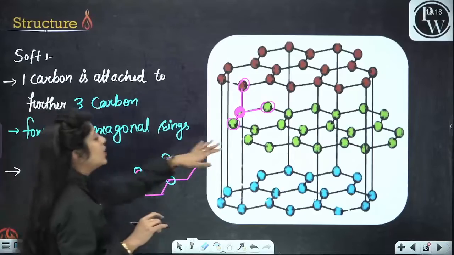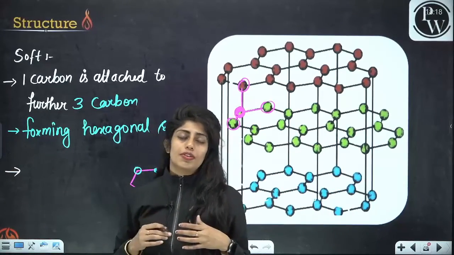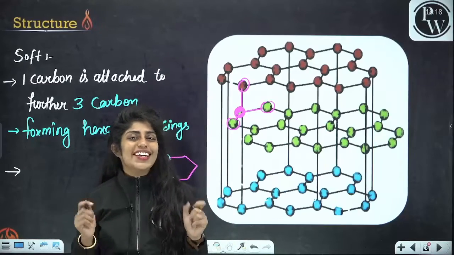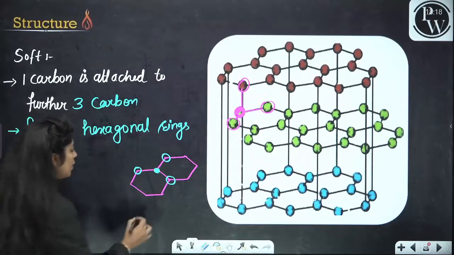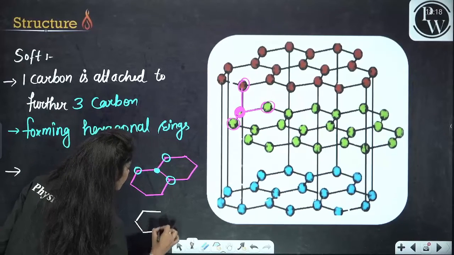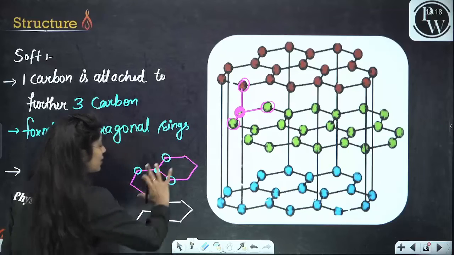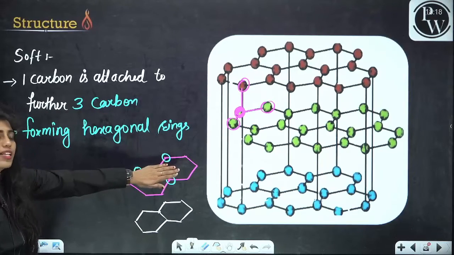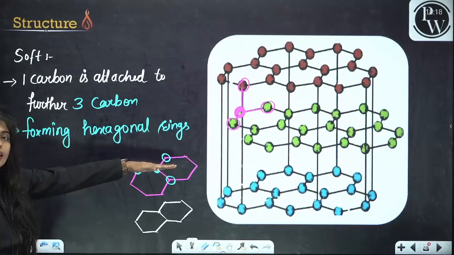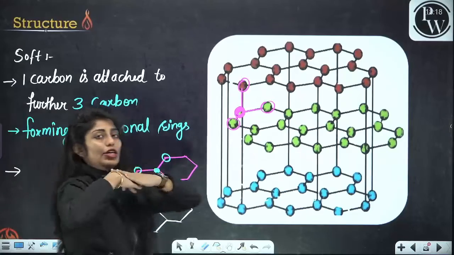Next point is, these hexagonal rings are arranged in a layered structure. Suppose this is your hexagonal ring. Let me form another layer. This is a huge giant structure. Suppose this is your first layer. They are layered structures.